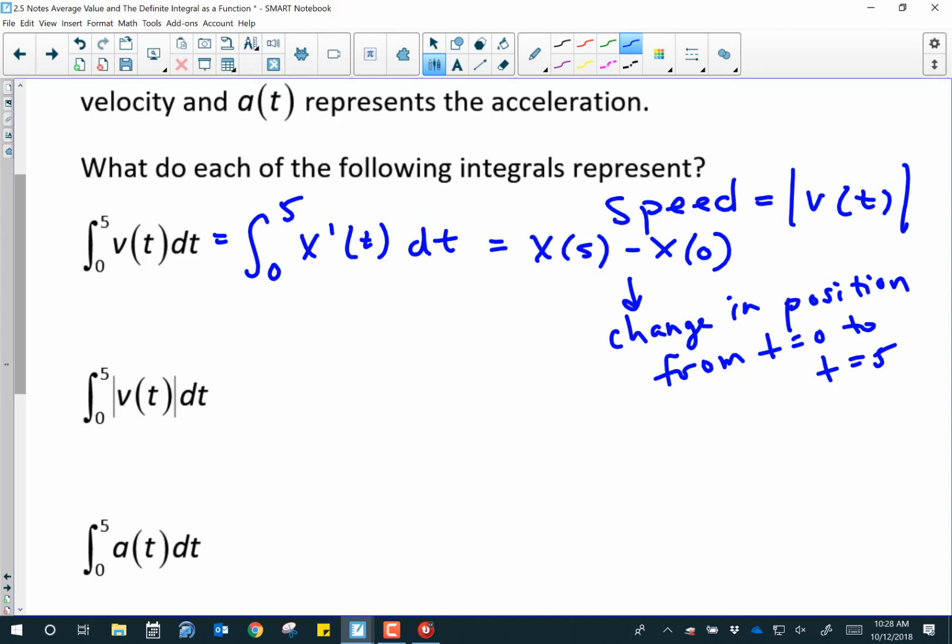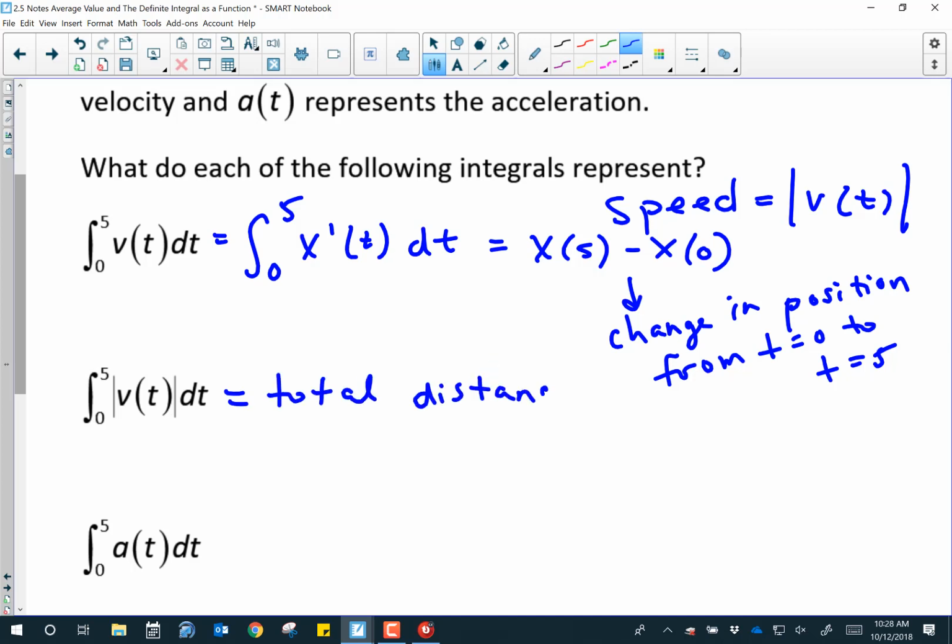Does that make sense? And then if I walked over here, I'm to the right. But the actual distance that I traveled was more than 2 feet. If I walk 6 this way, 6 this way, and 2 more, I actually walked, what, 14 feet? Does that make sense? That's what this is represented by. If you're taking the absolute value, this is the total distance traveled.